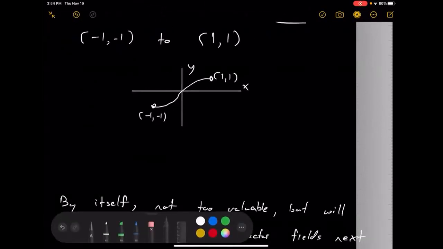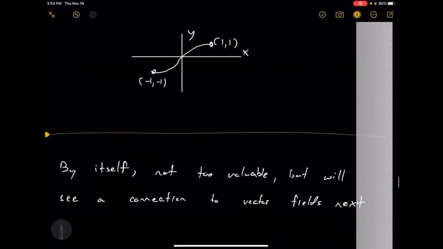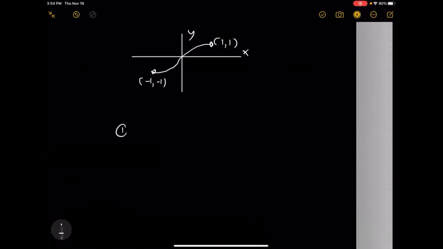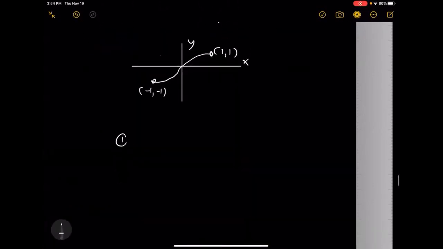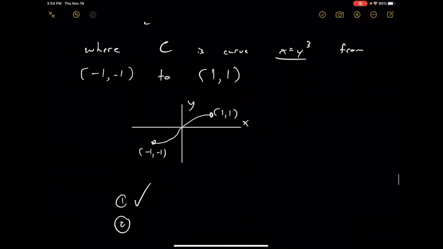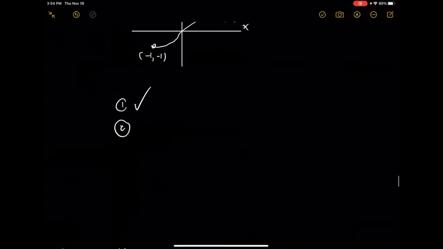So first, the steps are the same, right? Step 1, for all my stuff, break it into pieces. Well, this is just one nice curve, so I don't need to break it into pieces. Step 2, parameterize each piece. So how do I parameterize x equals y cubed?